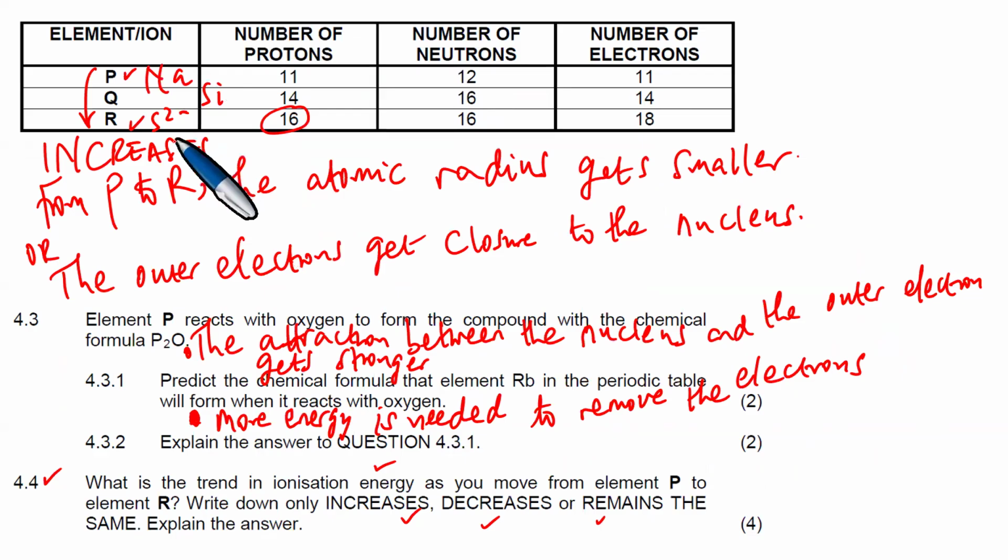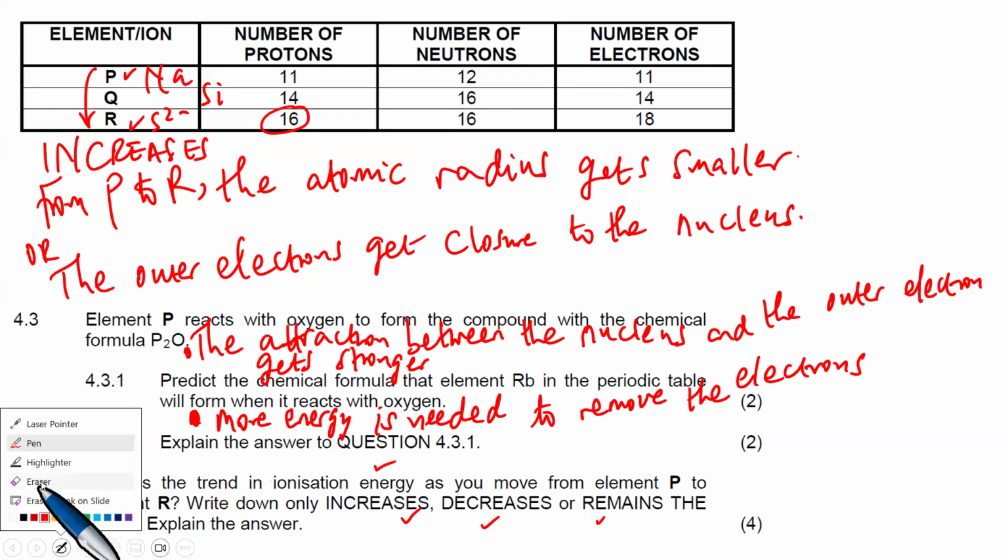And obviously now, as a consequence, these patterns are very clear. We're able to see that the outer electrons get closer to the nucleus.